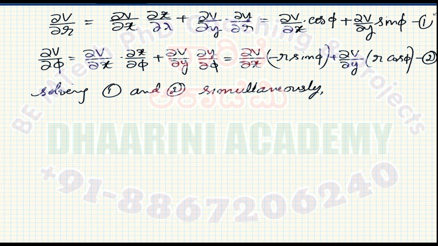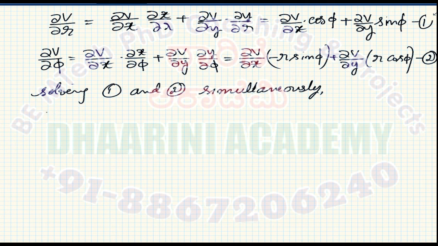Let's say I want to go for dou v by dou x. I want to retain that, and I want to cancel out the second term, the term containing dou v by dou y. So I multiply the first equation with r cos phi.